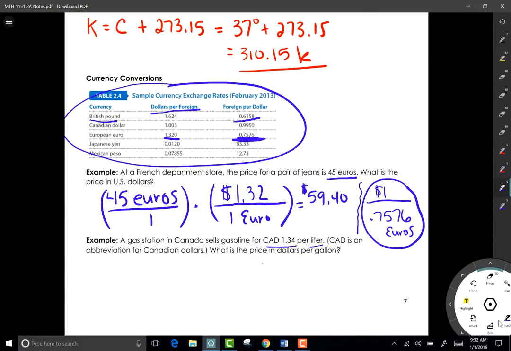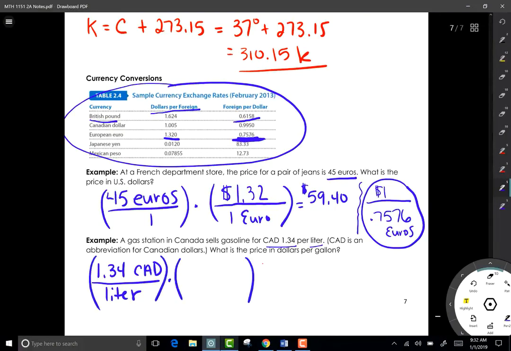So let's first change Canadian dollars into US dollars. So I'm going to write down 1.34 Canadian dollars, and this is per liter. So I'm going to put liter on the bottom. Per, remember, means division. If you look back at your notes for the key words, per means division, so I put liter downstairs.